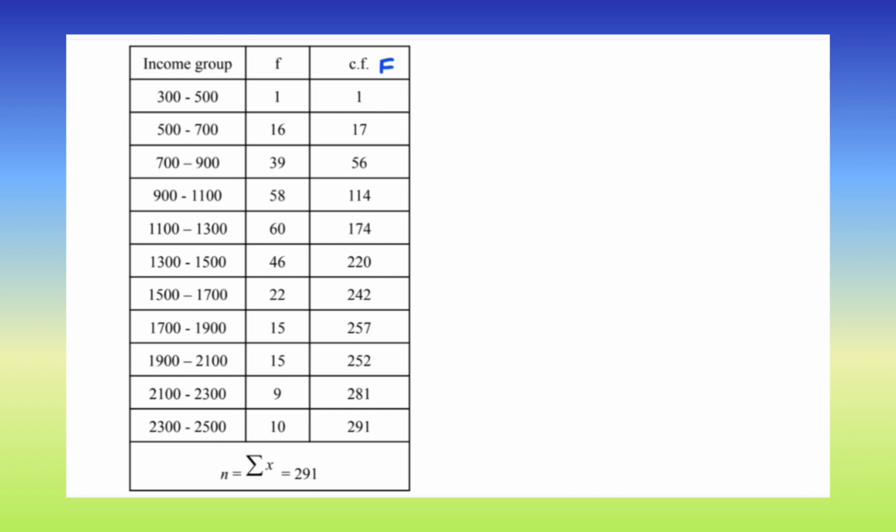Based on the data given, we have a total frequency of 291. To find the median, median is equal to the nth over 2 observation.